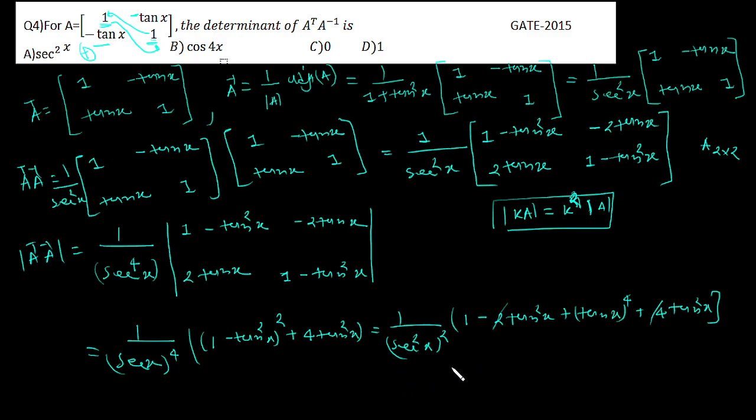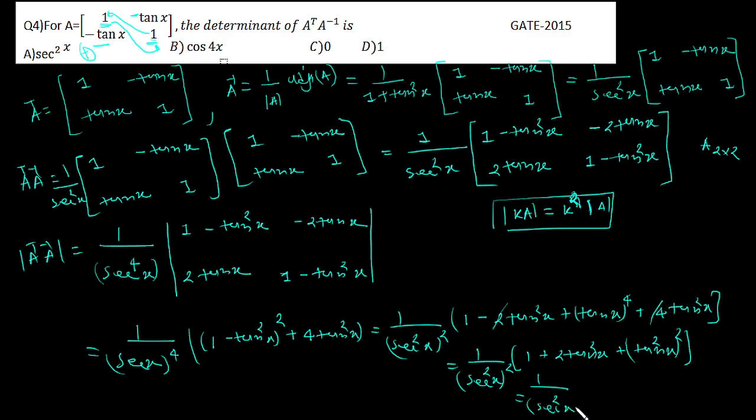So what we are getting is simply 1 upon sec of x square whole square. Here we get 1 plus 2 tan square of x plus tan square of x whole square. Now you can see it is nothing but the expansion of 1 plus tan square of x, whole square. Sorry, I am running out of space, so I rearrange it in this small space.